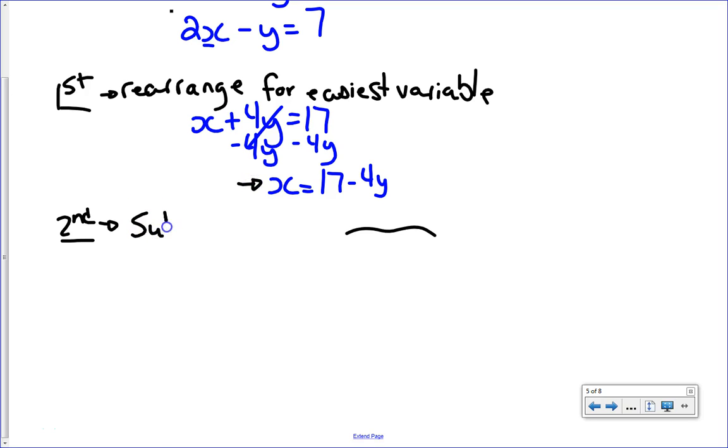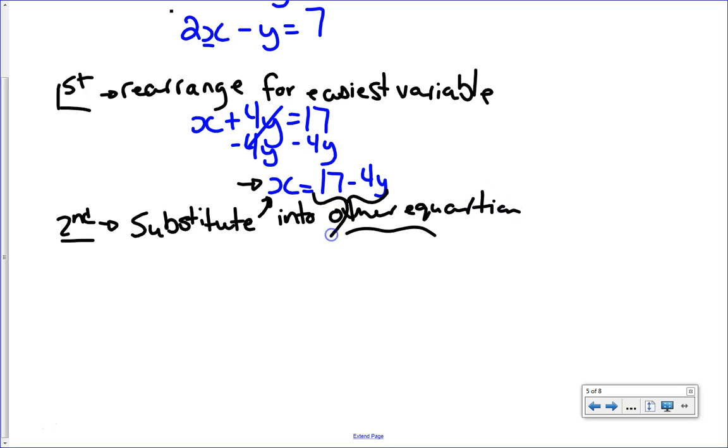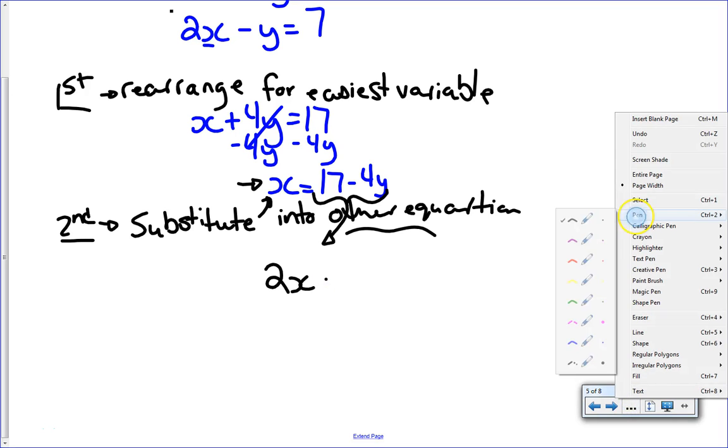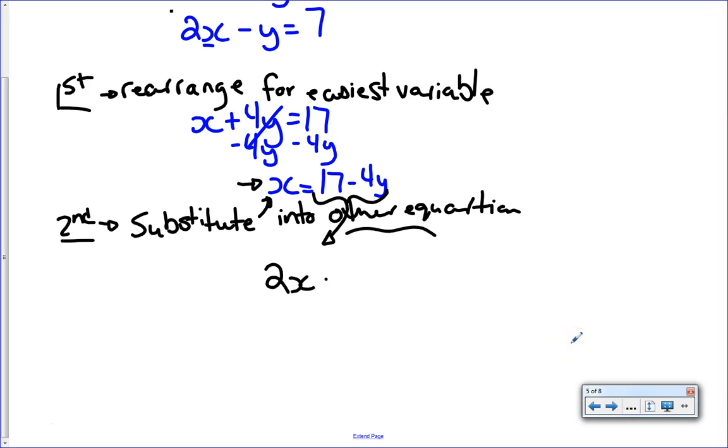So I'm taking this and I'm going to be substituting it into 2x minus y equals 7.